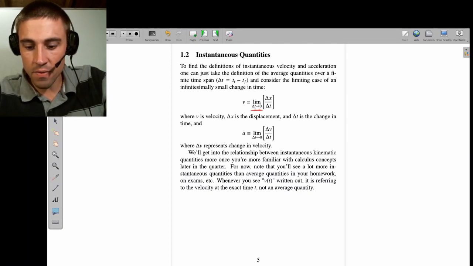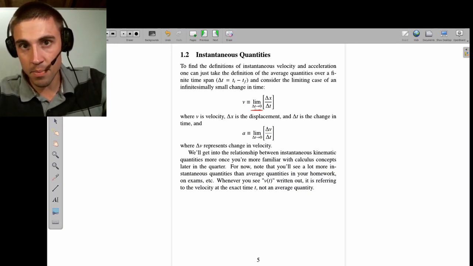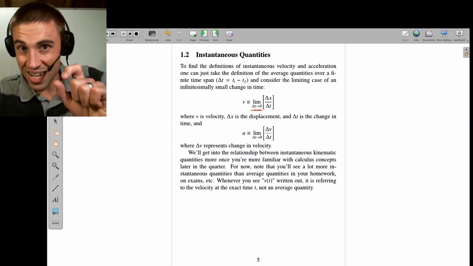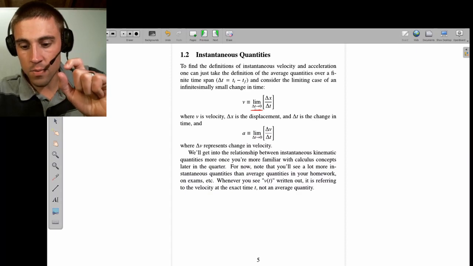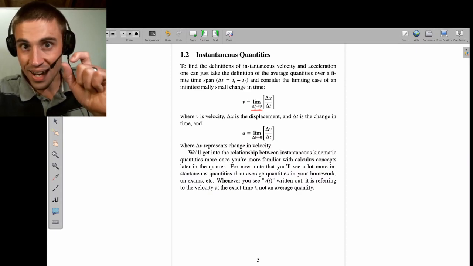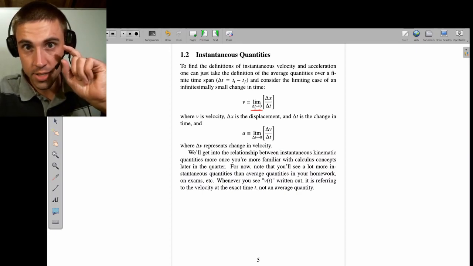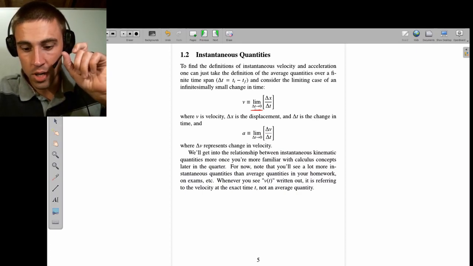And the same thing for taking the limit of the velocity as that changes in time. As long as you squish your time step right down to an infinitesimally small change in time, that gives you the rate of change at that exact instant. That would be the slope at that particular time, not within some average window of time.